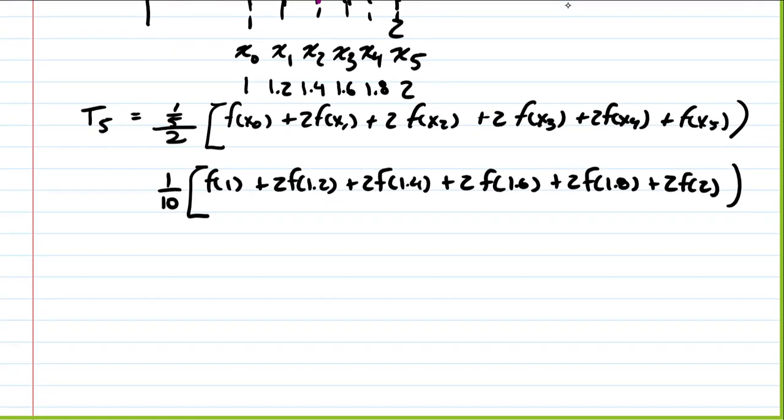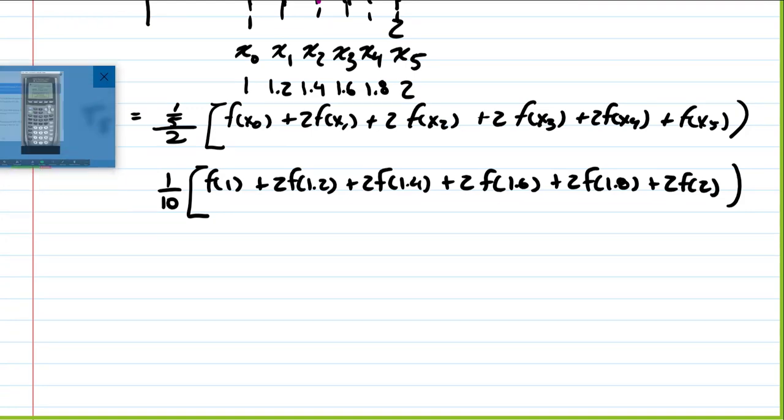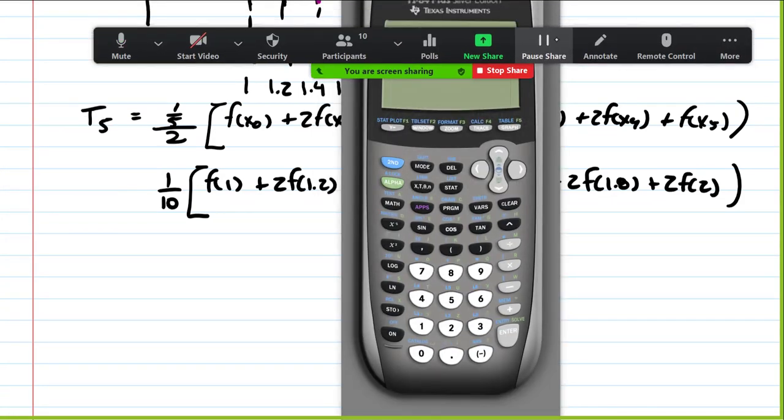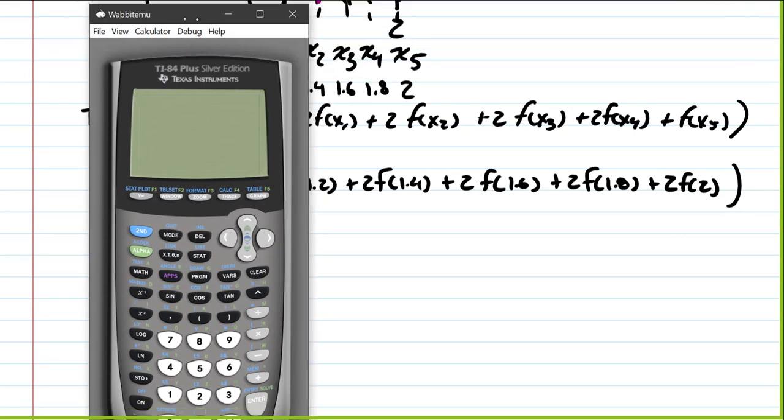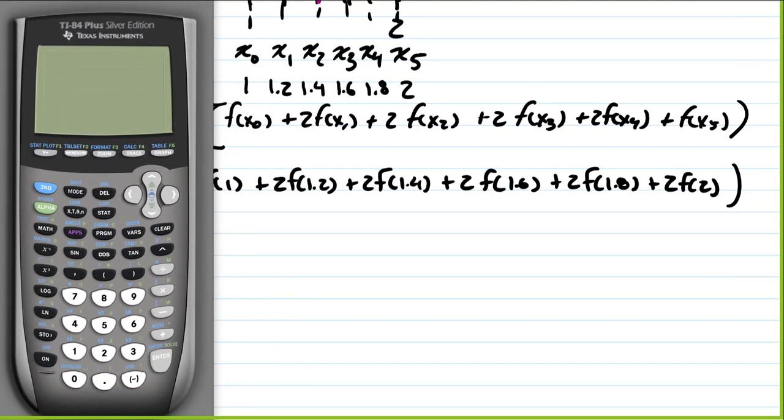So the first thing we might want to take note of is we have all of these values, and let's grab our graphing device and work through this. We'll do this a few different ways, so let's do it the longer way first. We would start with our fraction, delta x, so another fraction, 1/5 divided by 2, and then times, oops, got ahead of myself, I need to put my function in.